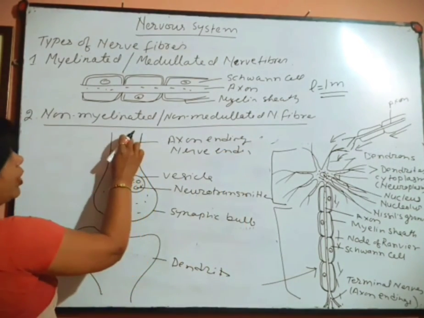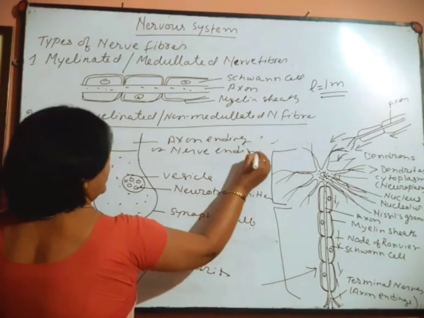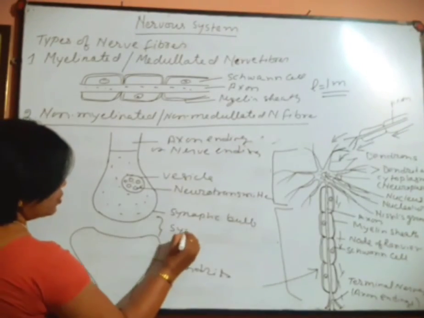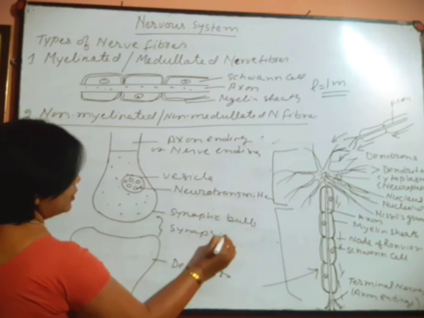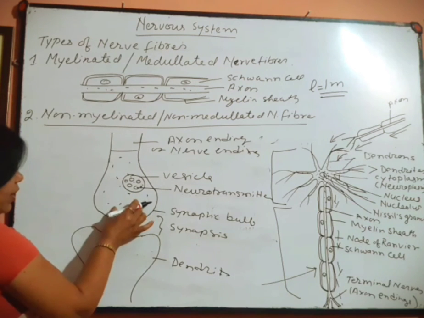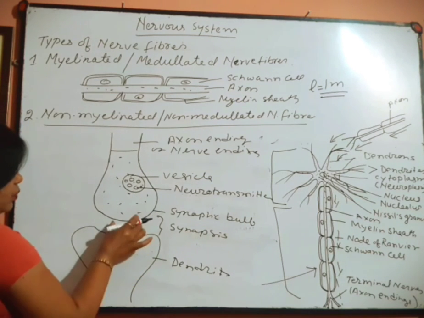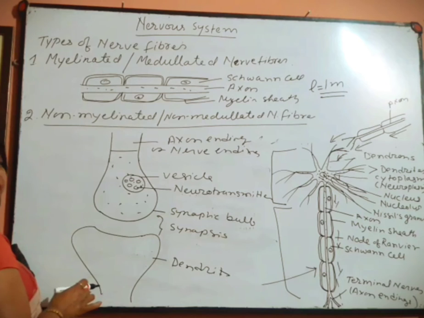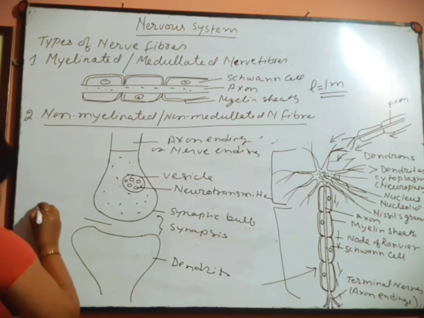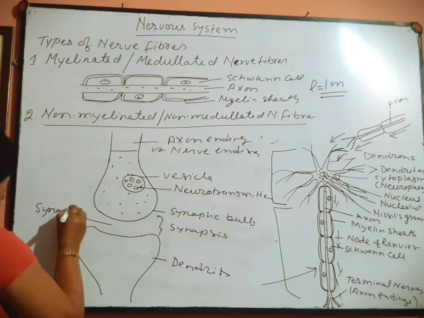This is the axon ending or nerve ending, and this is the end part of a dendrite, and this forms the synapse. This point of contact between the axon ending and dendrite is called the synapse, and this gap is called the synaptic cleft.